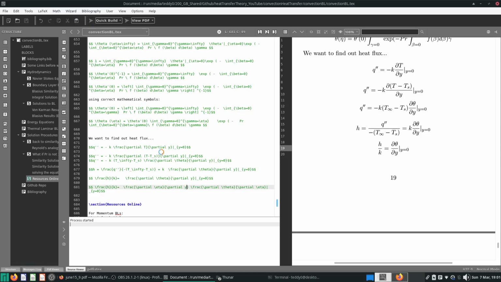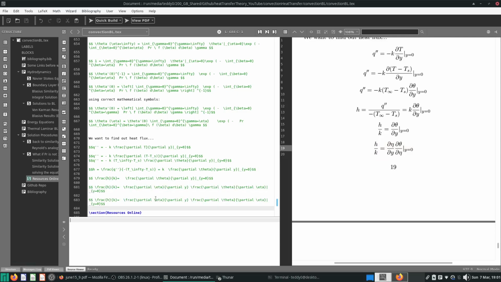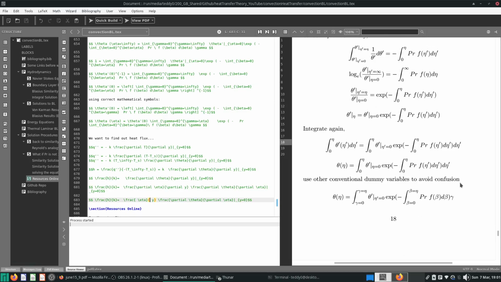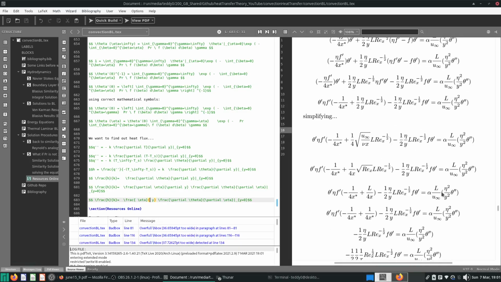And if you recall, partial eta, partial y is just eta over y. What is eta over y? It's half into a square root of something. I can't remember what the square root is. Let's go and find out.